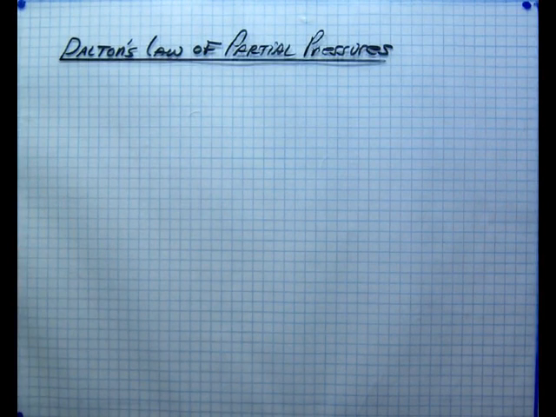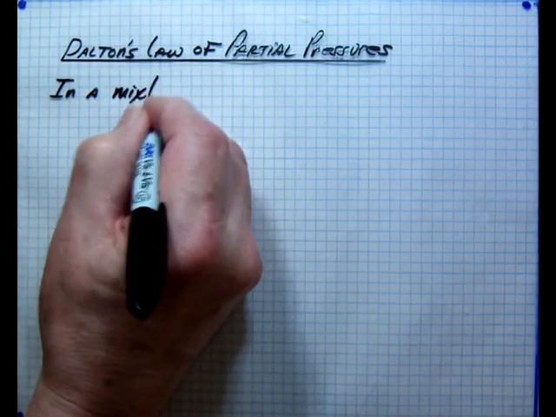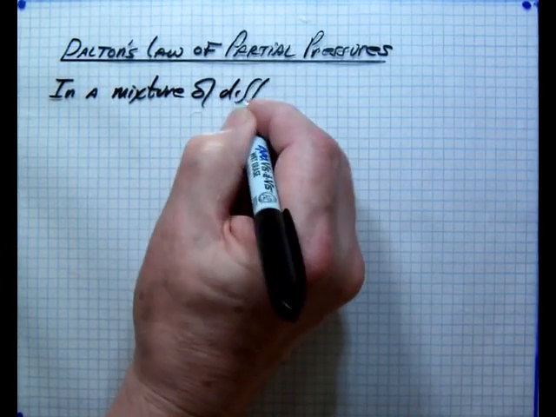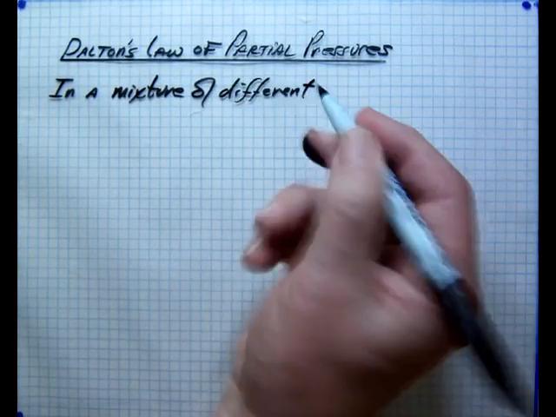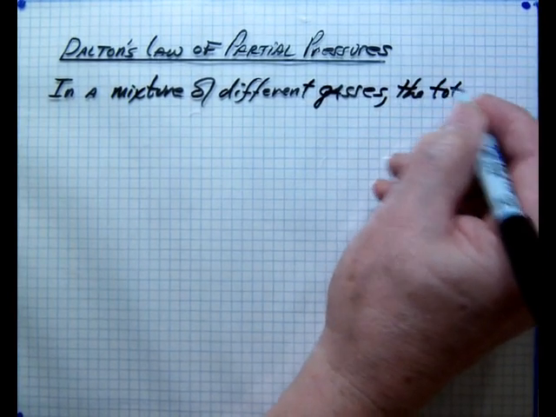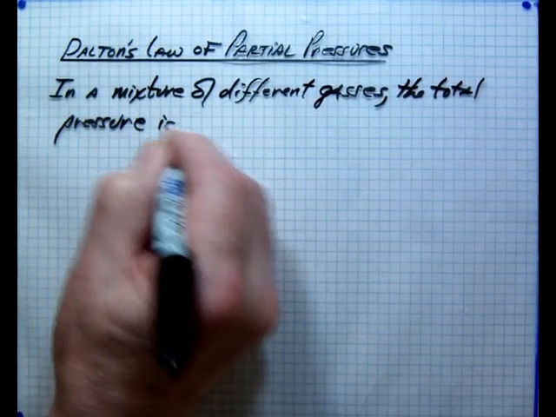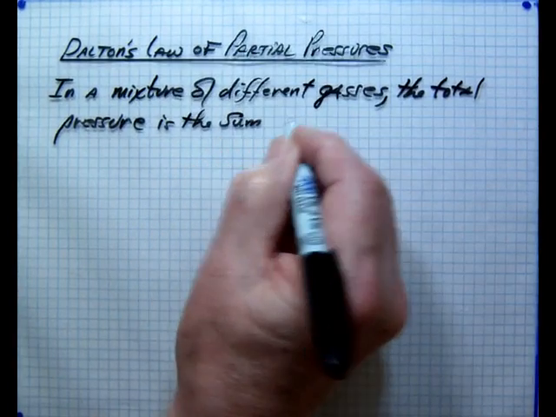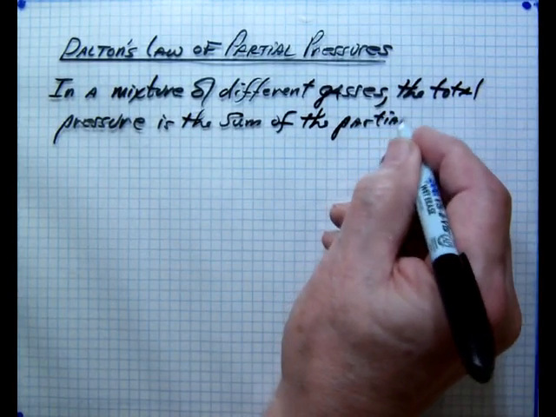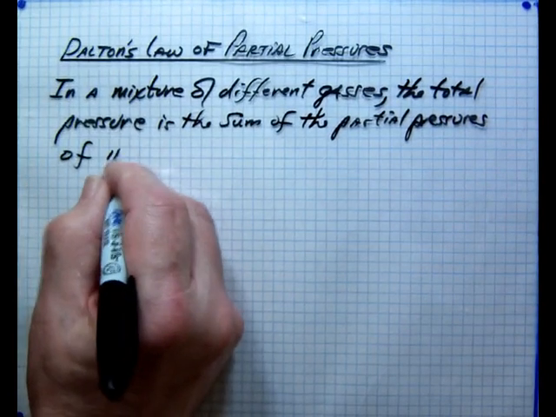Dalton's law of partial pressure states that in a mixture of different gases, the total pressure is the sum of the partial pressures of individual components.